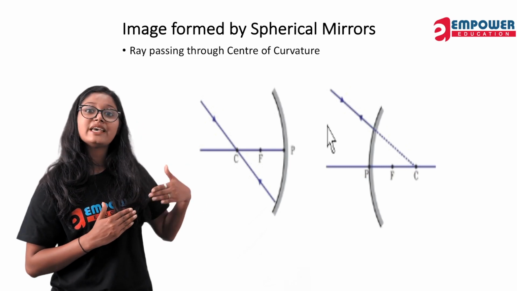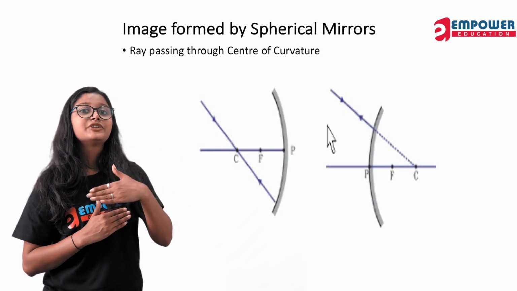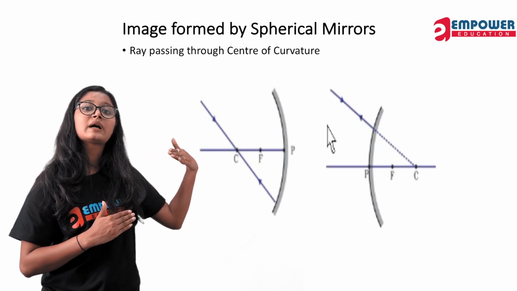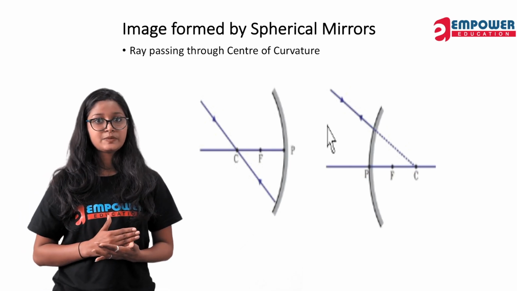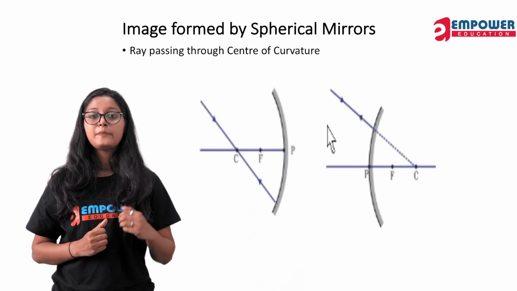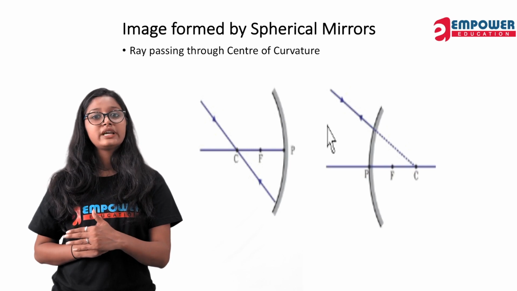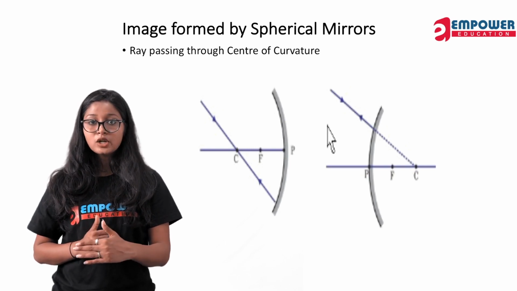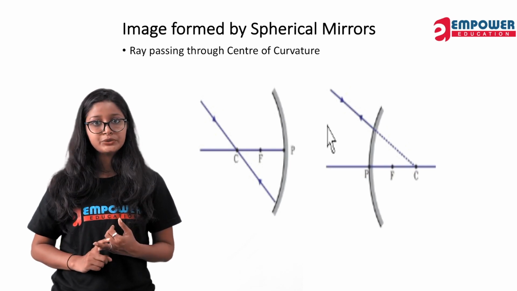So you see the incident ray is coming at an angle of 90 degrees and the reflected ray is also traveling through the same path at an angle of 90 degrees. So when a ray of light passes through the center of curvature, it will strike the reflecting surface and then move along the same path. This is the third rule.